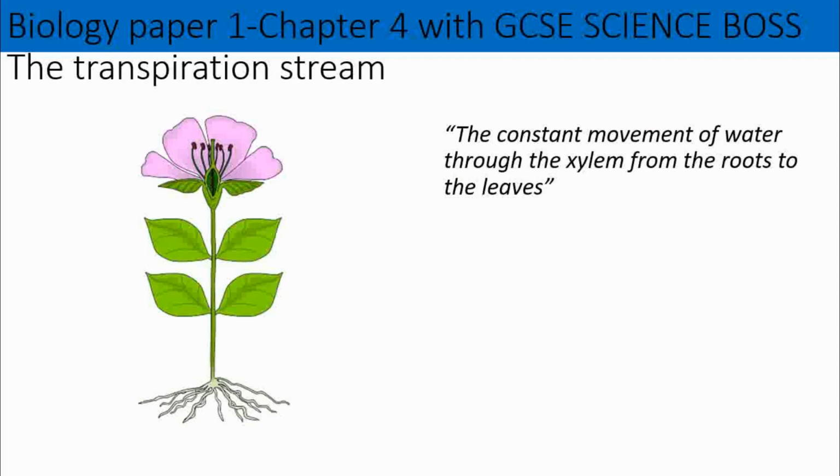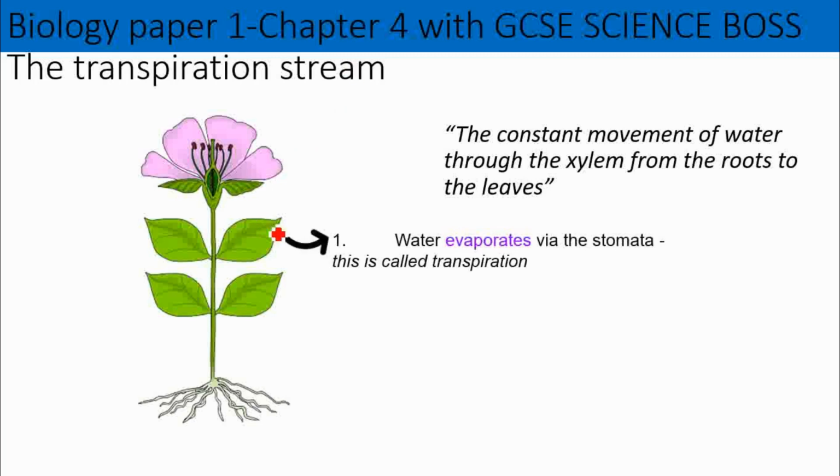Okay, now the transpiration stream is how water is moved throughout the plant. So it's the constant movement of water through the plants, right? It's moving from the root to the leaf, and this happens in the xylem. Okay, now how does this happen? Firstly, water is going to be evaporating from the leaf via the stomata in a process called transpiration.